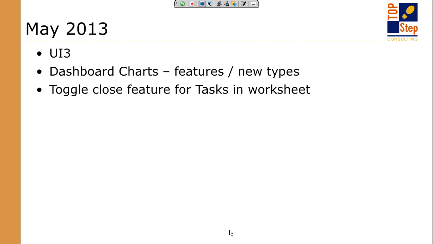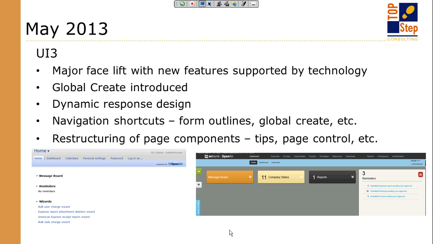So I'll just highlight a few things because that can be a whole other webinar, talking about feature functionality of UI3. But what's happened since the UI3 announcement and the rollout of that to the customer base, the UI3 was really one of the first features that OpenAir released that they're really pushing all customers to move to, moving all customers onto that new user interface.